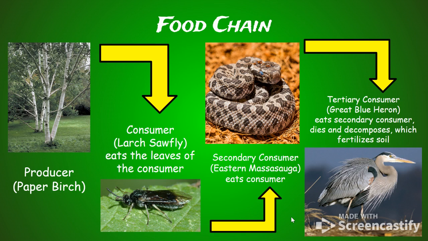Then the secondary consumer, which as shown here is an eastern Massasauga, eats the consumer. And then finally the tertiary consumer, the great blue heron, eats the snake, and then it's the top of the food chain. Eventually, the secondary consumer will die and decompose, which will fertilize the soil and help to grow more producers, which starts the food chain over.